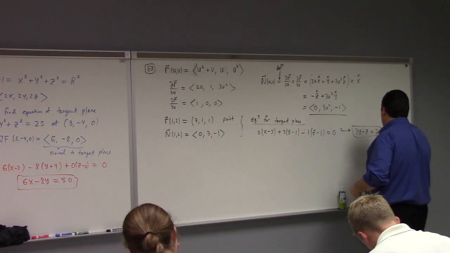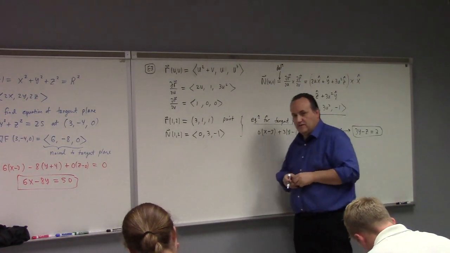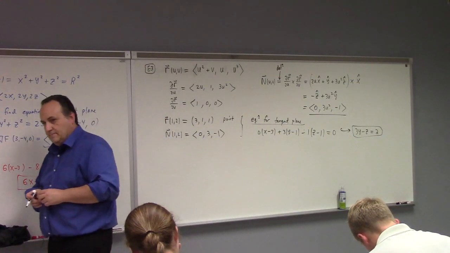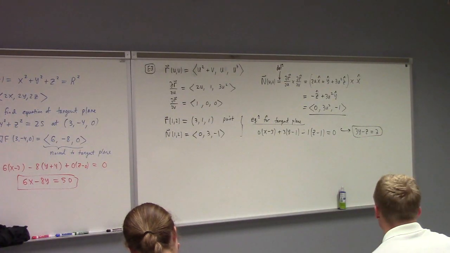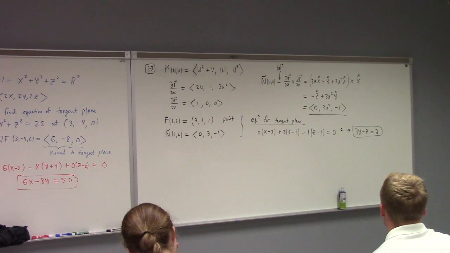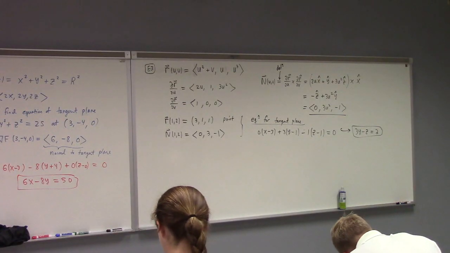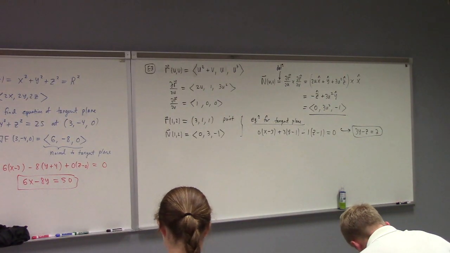There you go. This, my friends, is the equation for the tangent plane to this parameterized surface at the point which you guys picked. Right? So this is how we find the equation for the tangent plane and also the normal field for a parameterized surface. What's the third case to consider?